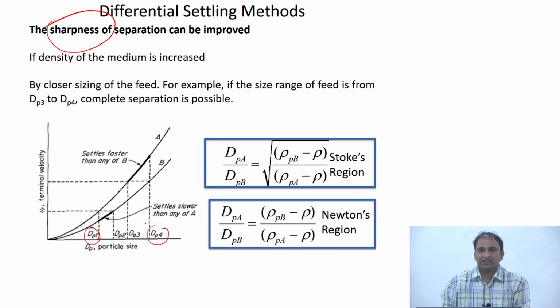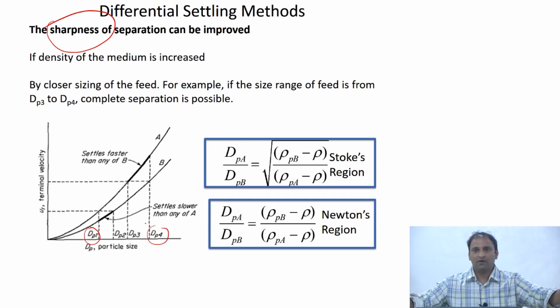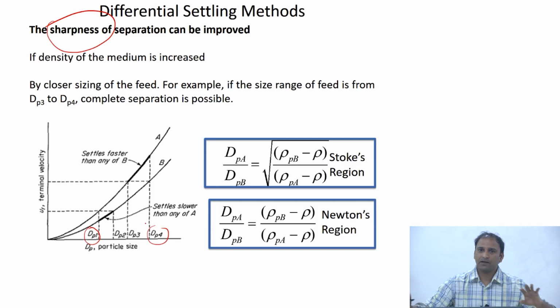This mixture has type A and type B, all the sizes from dp1 to dp4. If I'm able to separate them into pure A and pure B, then my sharpness of separation is 1, right? I'm able to separate them into two pure fractions of different populations of particles.